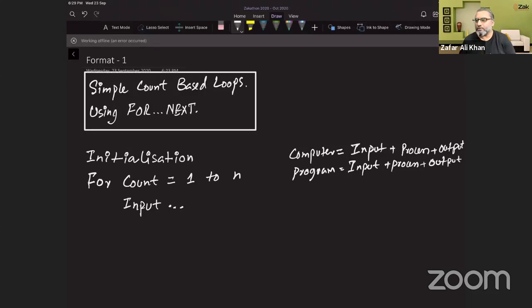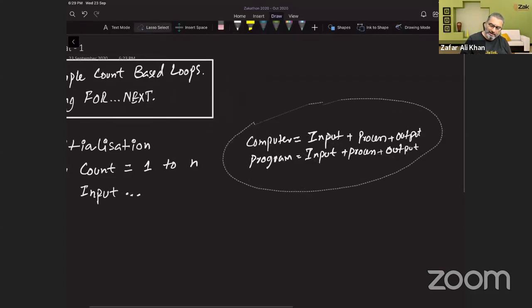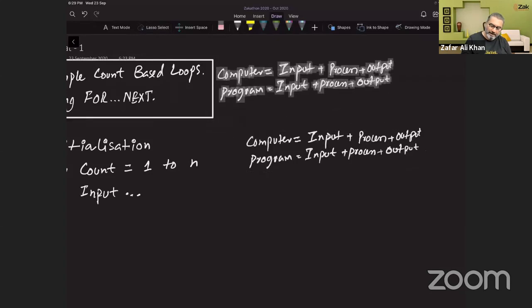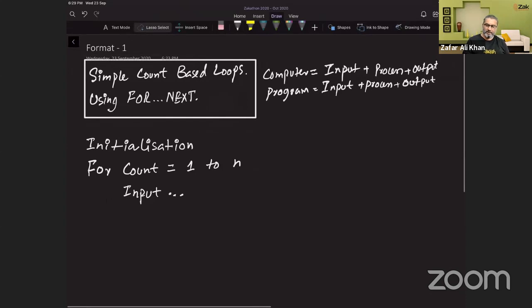So if you write a computer program and it does not have any input or output, then it is not a computer program. Every program must have some sort of input. So first we will input. Now what we input and how many values we input depends on the question.